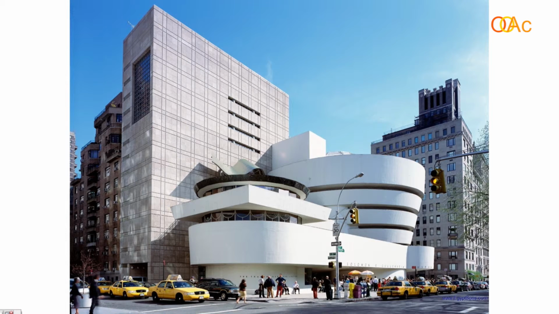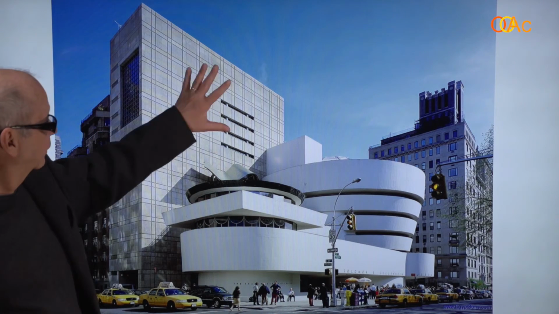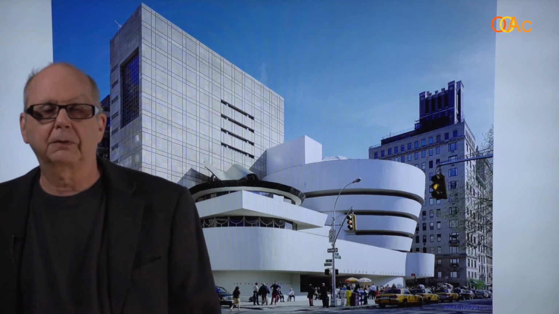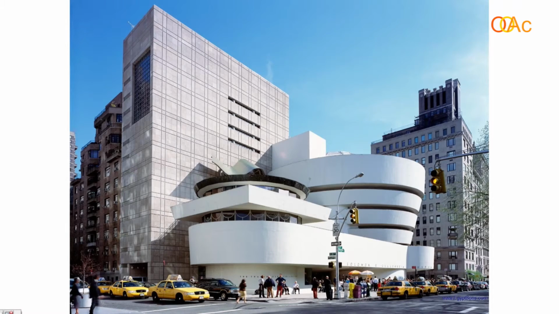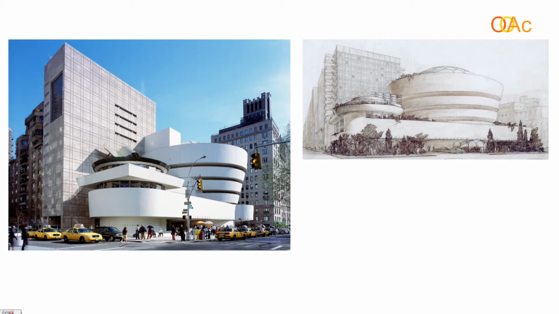Here it is in New York with the addition by Gwathmey Siegel of this tower in the background. So we're going to see it's something Wright would very much have approved of. Here are some studies by Wright of the building. We see one, the pink one is getting smaller. There's one that's got angles.